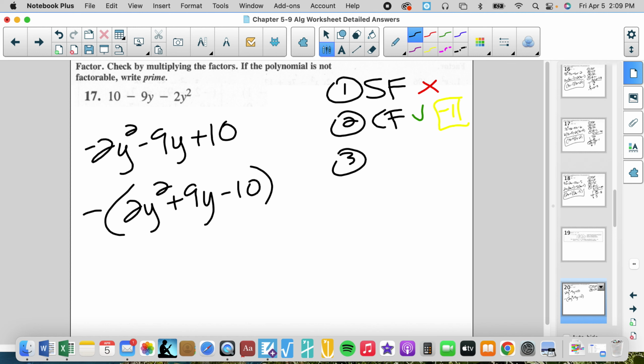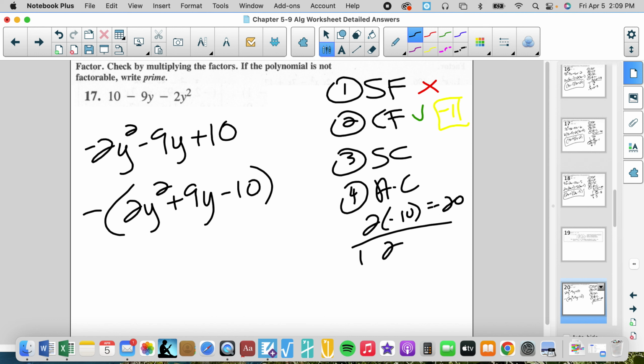Is it a special case? No. A times C. A is 2. C is negative 10. Negative 20. 1 and 20. 2 and 10. 3 no. 4 and 5. Signs are different. Bigger is positive. Ooh. Yeah. So this signs are different. Bigger is positive.